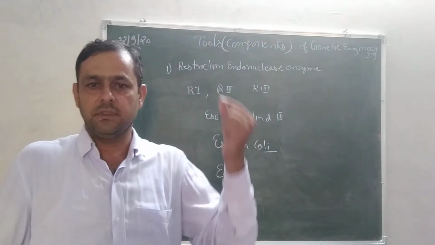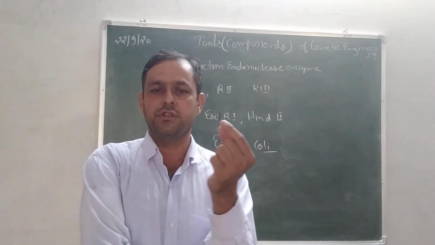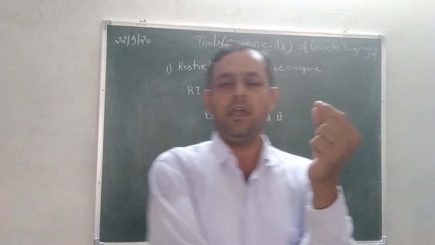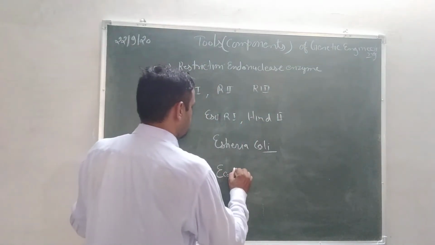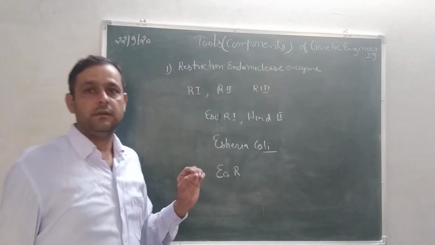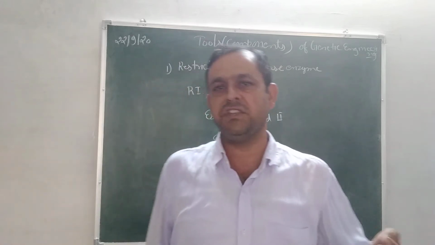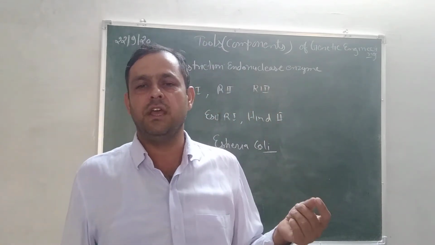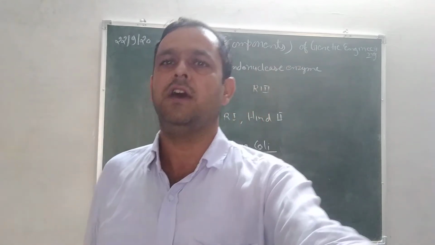And then next, as a fourth letter, the strain of the genus from which it has been isolated is written, meaning R. So E. coli R. And how many enzymes are obtained from Escherichia coli? From Escherichia coli, three restriction endonuclease enzymes are obtained.